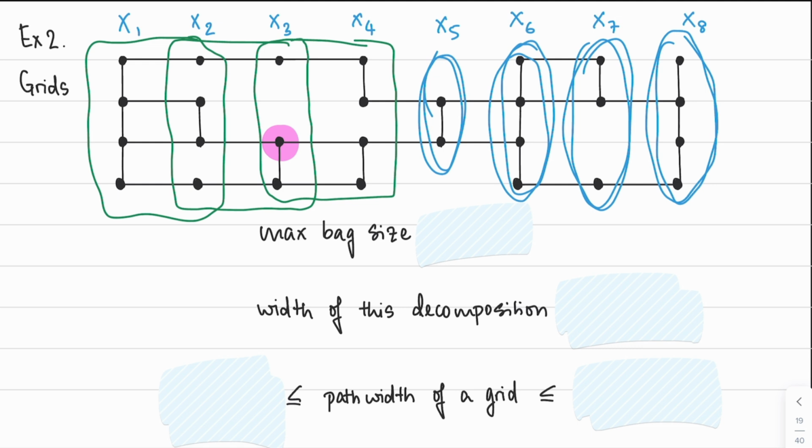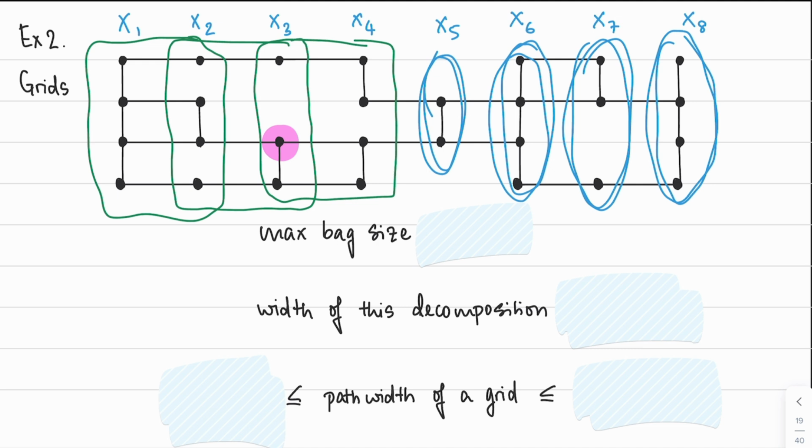But this is just like with the paths. You can see that the bags that contain a vertex appear next to each other, and there are only two bags that contain any particular vertex. Okay, so those are all the properties of a path decomposition being validated with this example.